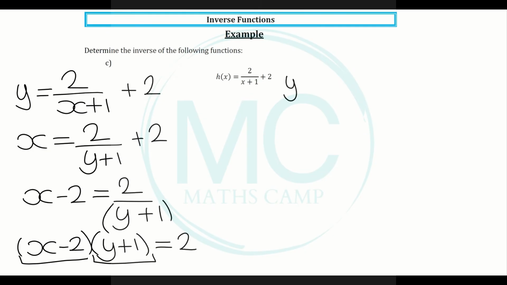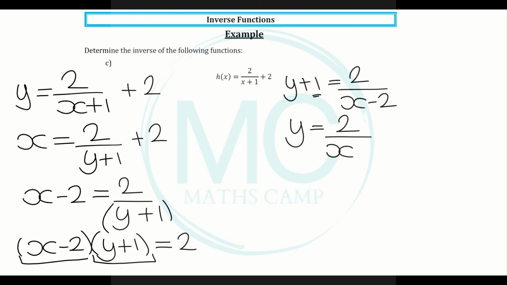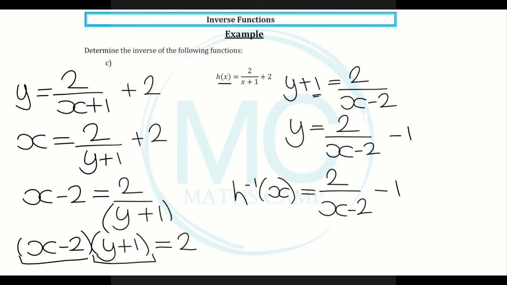And I get y plus 1 is equal to 2 over x minus 2. Now I can move this one to the right. I get y is equal to 2 over x minus 2, minus 1. For the original equation, we have h of x. So to write the equation for the inverse, I can say h to the negative 1 of x is equal to 2 over x minus 2, minus 1.